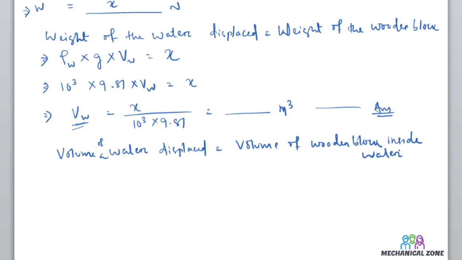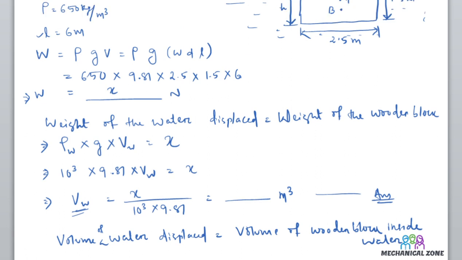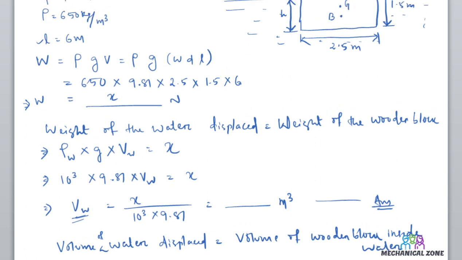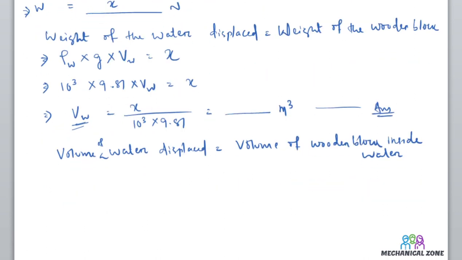If you see the figure, you will easily know that the volume of the wooden block inside the water is width into depth, that is h, and the length, which is 6 meter. So I can say that the volume which you have already calculated, let's say the value is y.